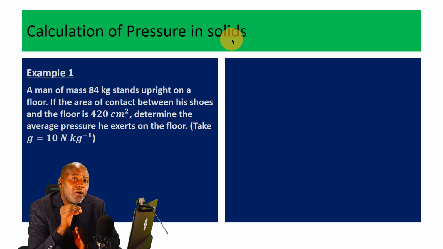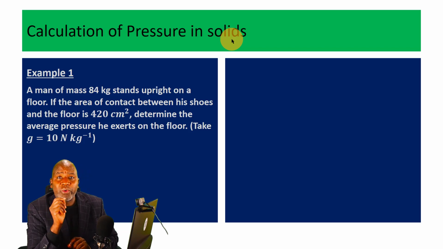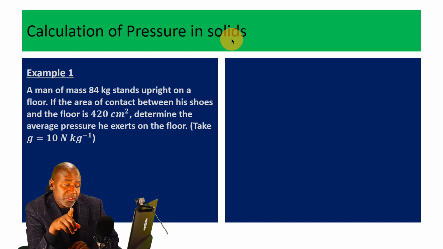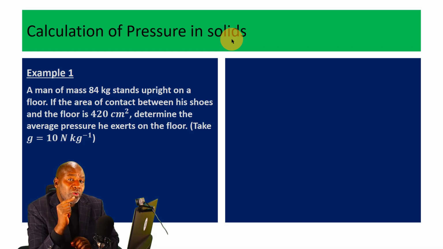So the area of contact is equal to the area of his shoes. Understand that. The next thing is to understand that force is in newtons, and so is the weight of this person. Remember, there is a difference between mass and weight. So we have got to convert the mass of that man into weight in newtons.